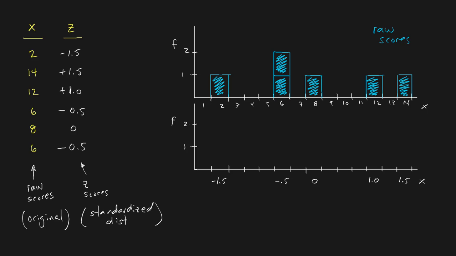And if I go through and I plot each one of these, you'll see that what we get is the very same picture. We have one negative 1.5, so that's taken care of. We have 2 negative 0.5s, so that goes up to a frequency of 2.